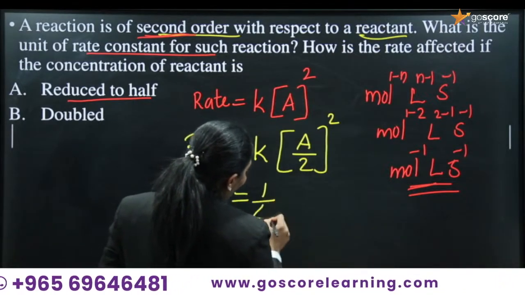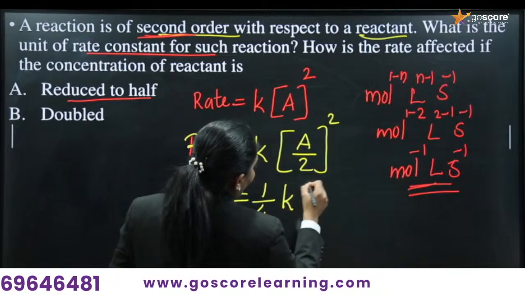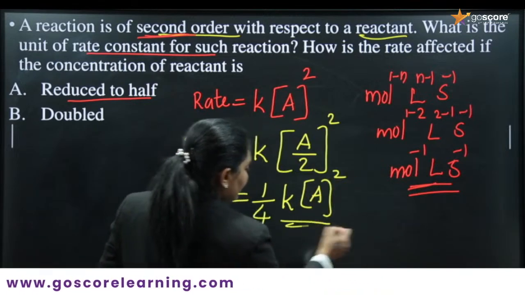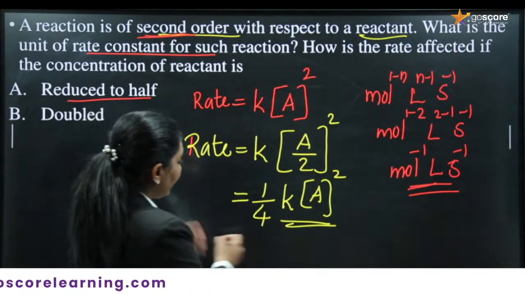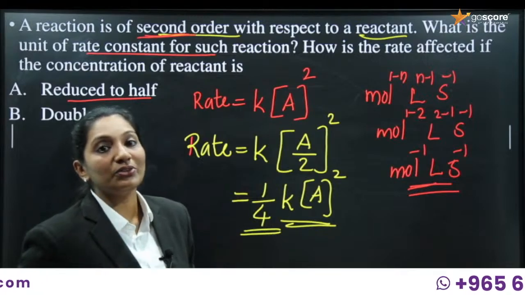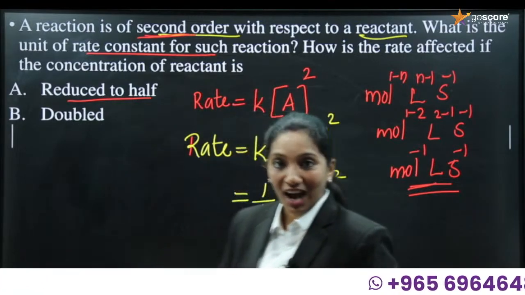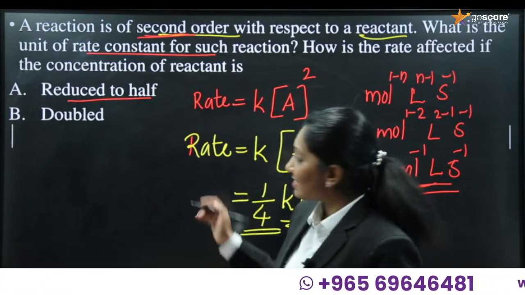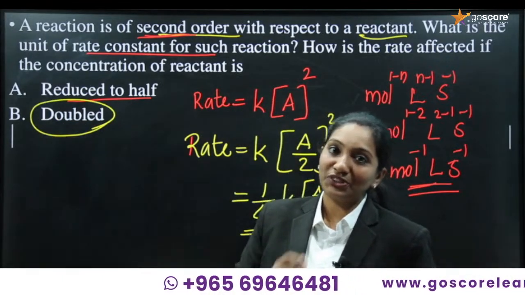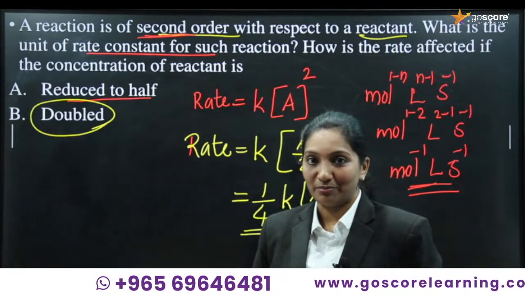It will be 1 by 4 K into the concentration of A square. This is the initial one, and the rate changed to 1 by 4 times when you reduce the concentration to half. You understood this? Try to solve this question and put your answer in the comment box.